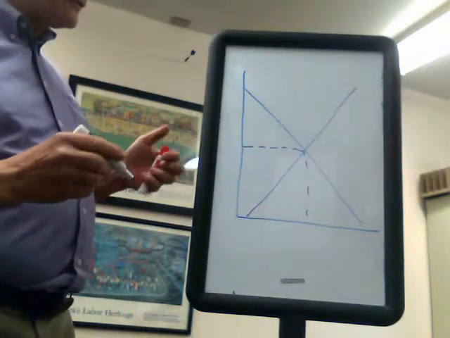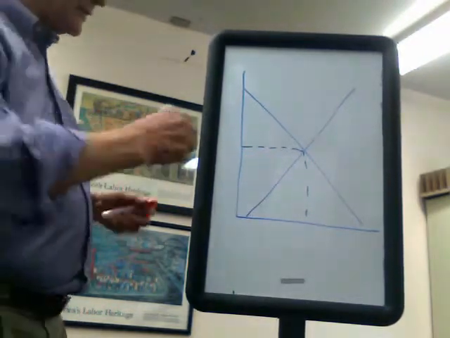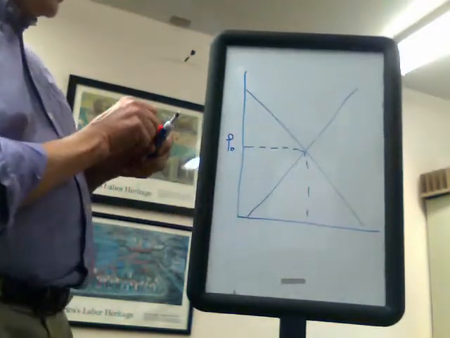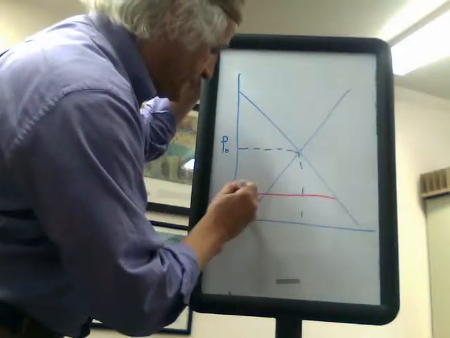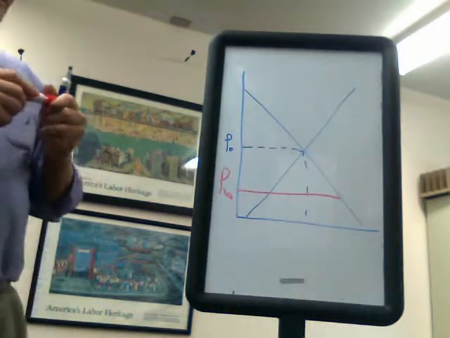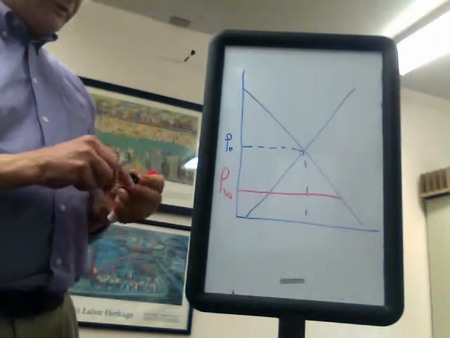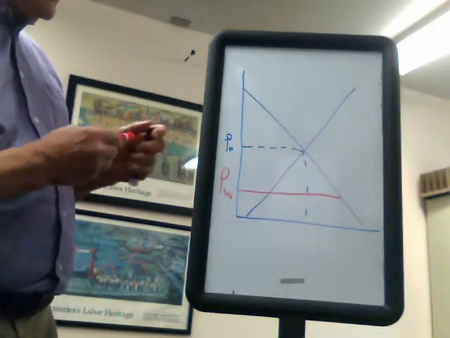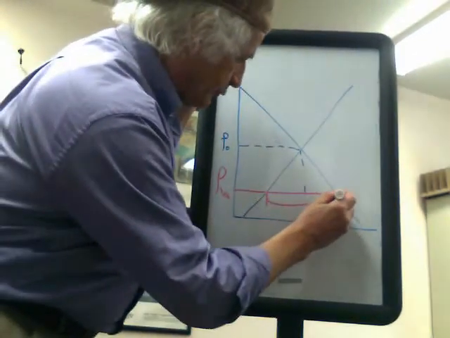Let's assume, for the sake of the argument, that the world price, instead of being up here, P sub O, let's assume that the world price is at P sub W. What this means is that as soon as this particular country is going to stop being a closed economy, then all of a sudden, all of this will have to be imported.